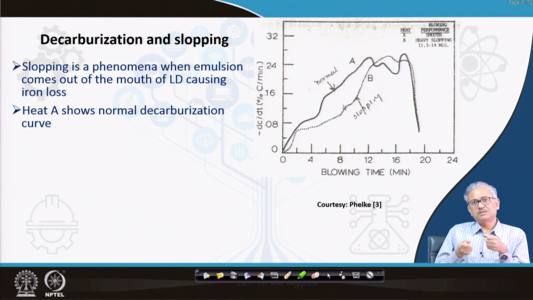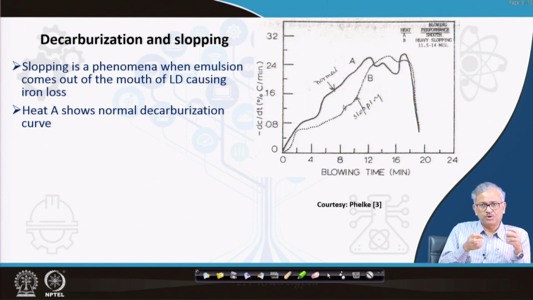As a result, the carbon may accumulate in the lower part, they remain, they do not participate in the reaction too much. And suddenly, when some liquid from the lower part comes up to the upper part and participates in the decarburization and then goes into the emulsion phase, a sudden jump in the decarburization can take place.